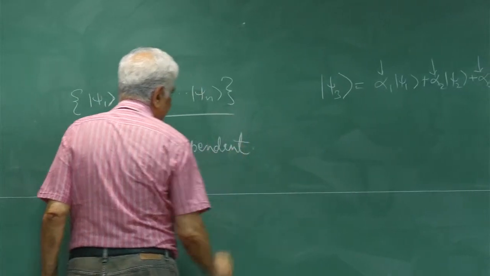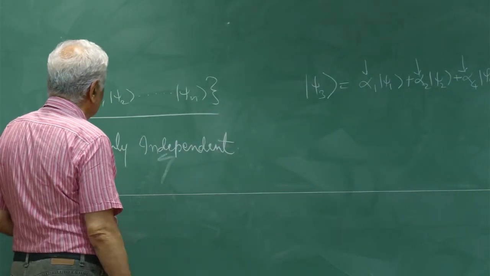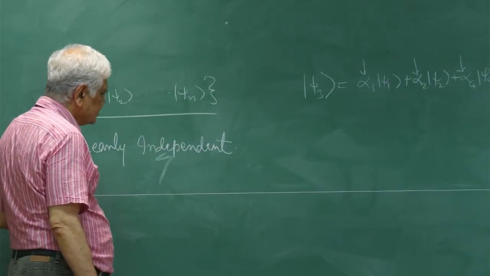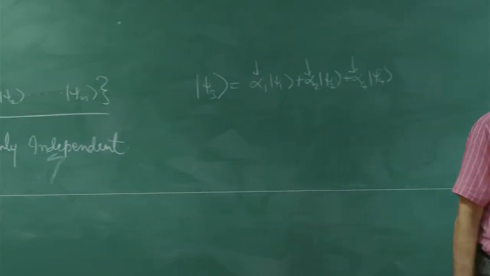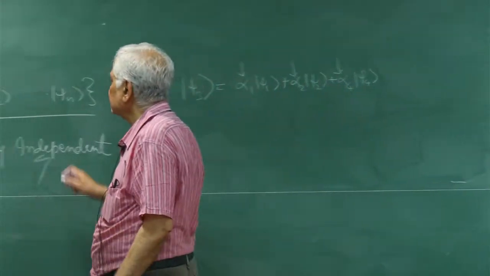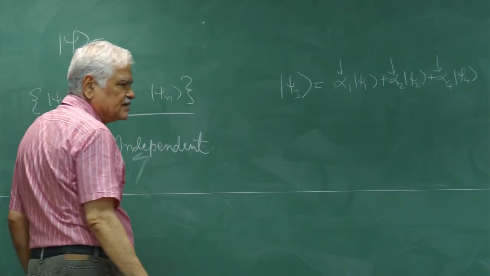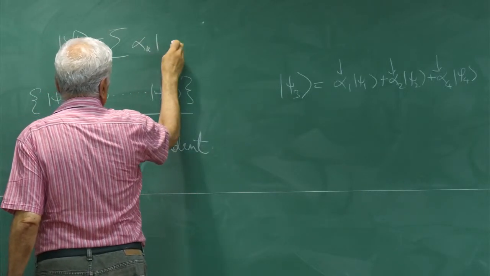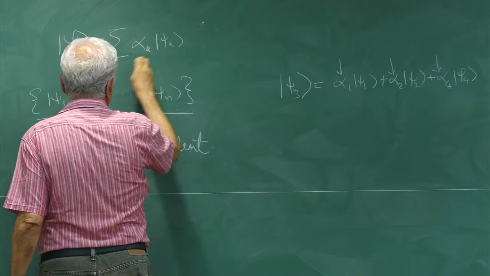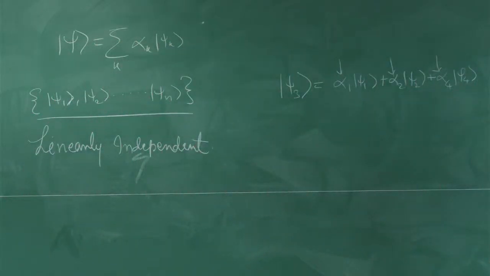Now in a linear space of all states, you can construct a set of linearly independent states such that any arbitrary state in this space can be written as a superposition of the states from that set.